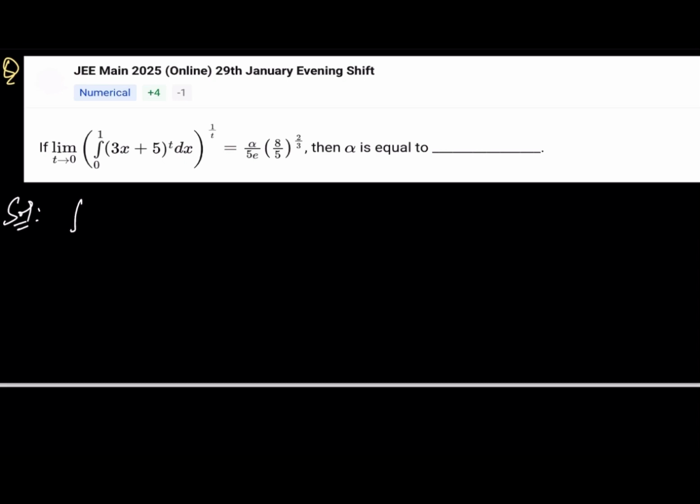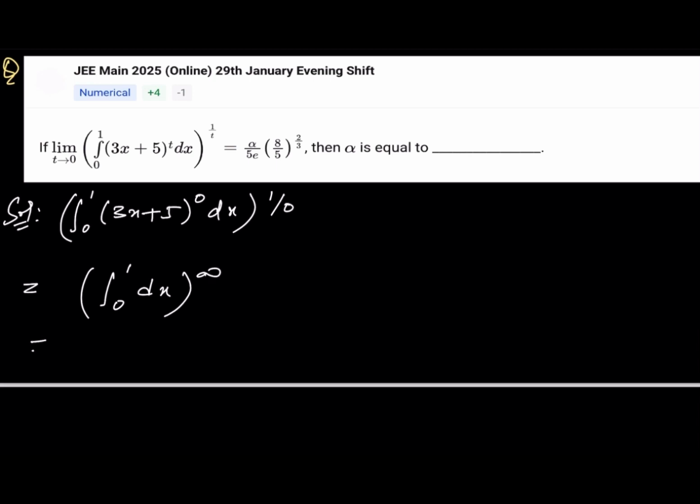So the integral 0 to 1 of (3x plus 5) to the power 0 dx, whole to the power 1 by 0. Now (3x plus 5) to the power 0 is 1. So the integral 0 to 1 of dx, whole to the power infinity.